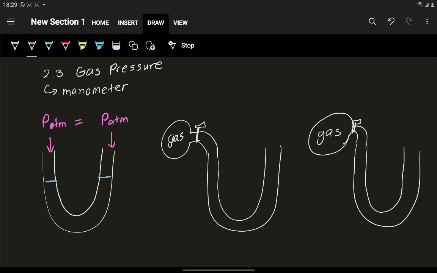Now the second picture and the third picture are after being connected to the gas supply. This is the first situation. Let's say the gas is at higher pressure. So since the gas is at higher pressure than atmospheric pressure, it will push the liquid down like this.